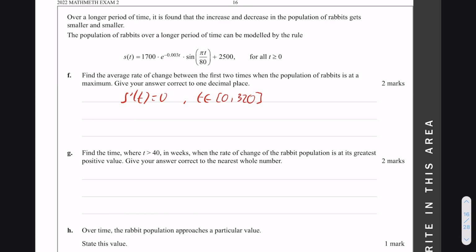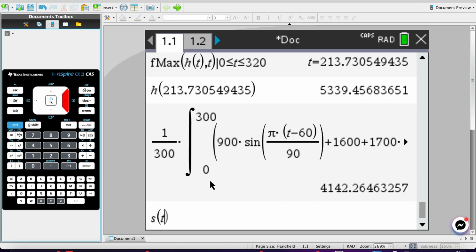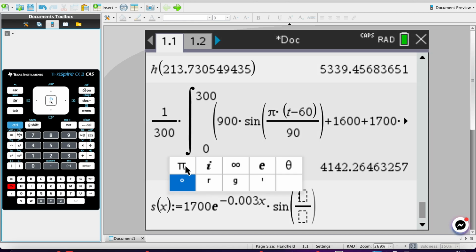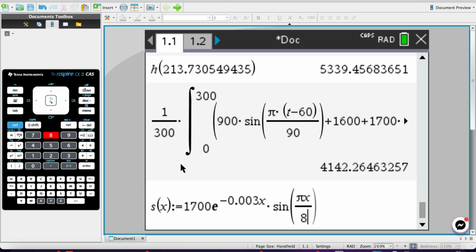So we'll do that on the CAS. First, I'll actually define the function so it can make my life easier. So s of t, oops, I'll do it in x just in case I want to graph anything. Define that as 1700 e to the negative 0.003 x times sine of pi x over 80 plus 2500.